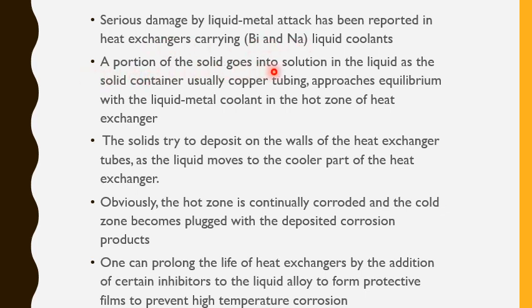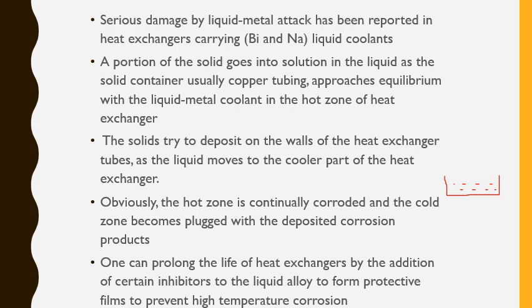A portion of the solid goes into solution in the liquid as the solid container, usually copper tubing, approaches equilibrium with the liquid metal coolant in the hot zone of the heat exchanger. For example, this is the surface of the heat exchanger and here is the molten metal.